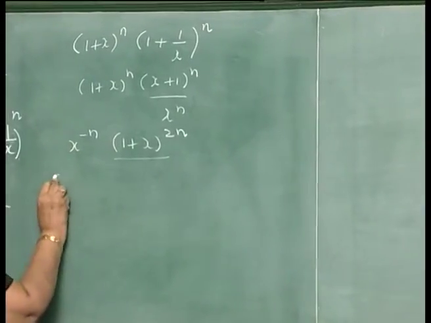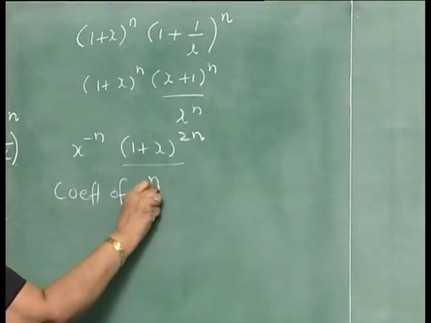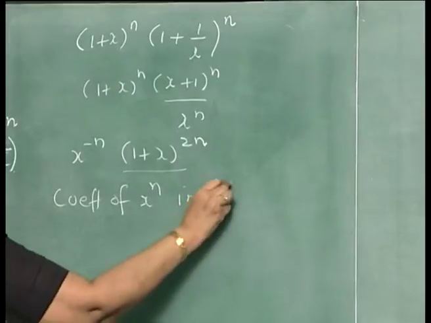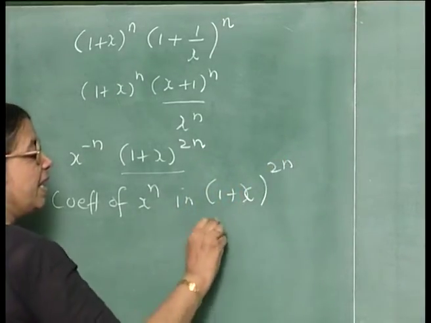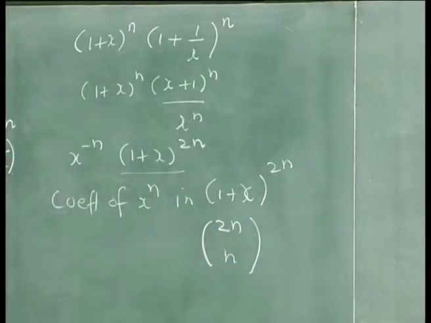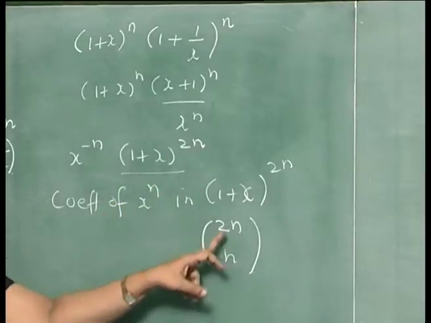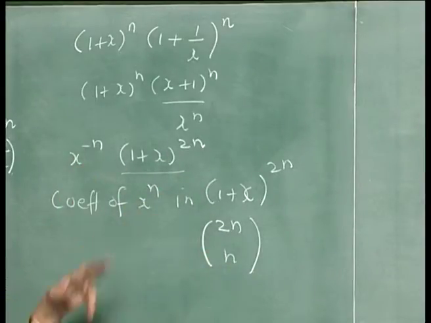So, what is the coefficient of x power n in (1 plus x) power 2n, that is 2nCn, right? The coefficient of x power n in this is 2nCn. When you multiply this by x power minus n, you get the constant term.